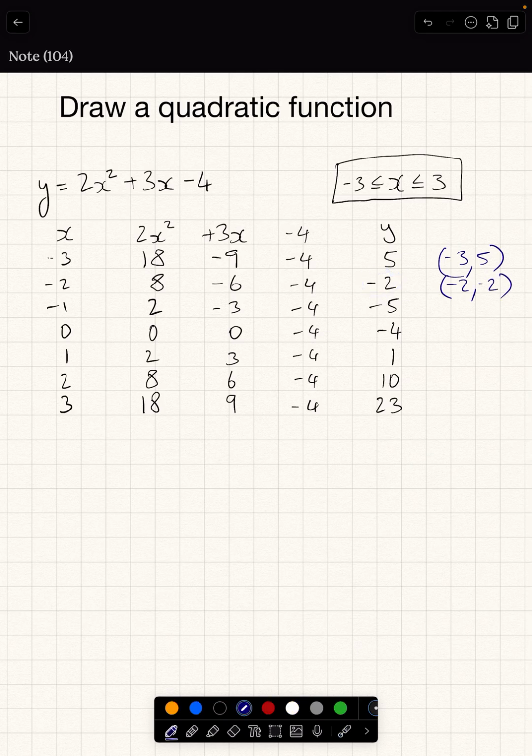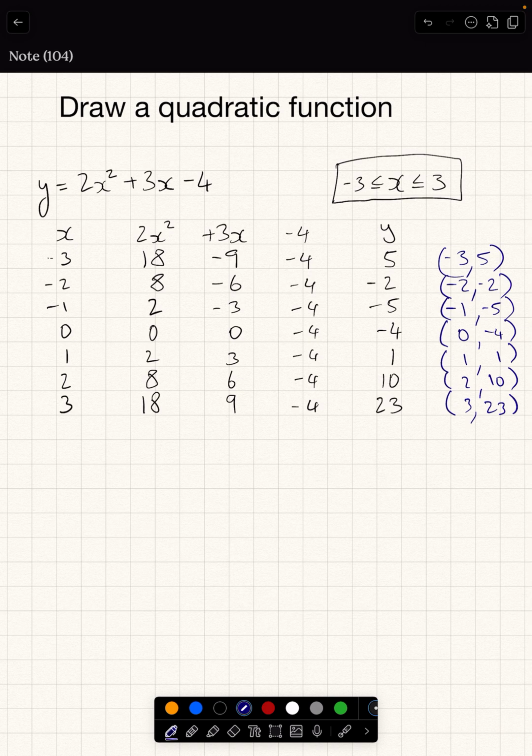So that's minus 2, minus 1, etc. We can get the x bits ready first. So then we have closing the bracket here. And we put in a minus 5 there, minus 4, 1, 10, and 23.